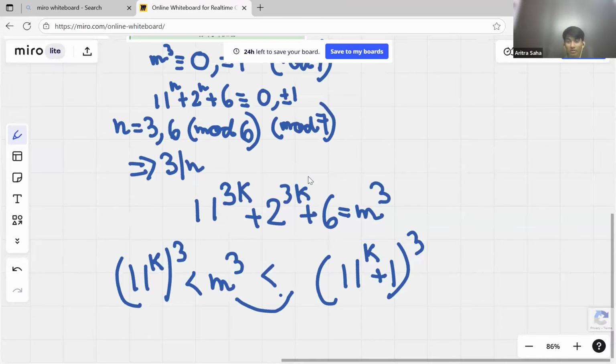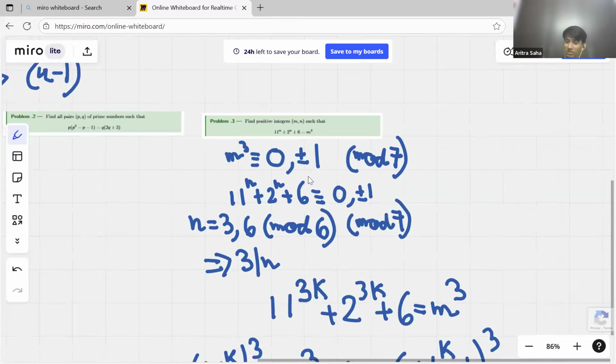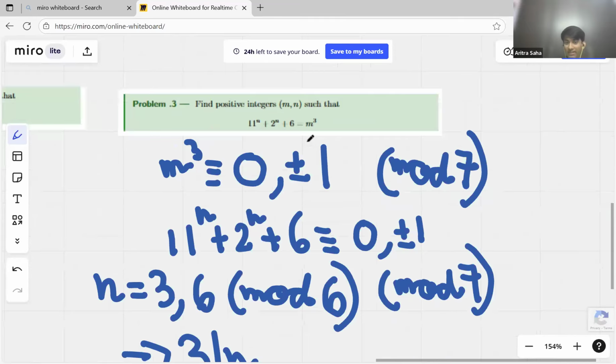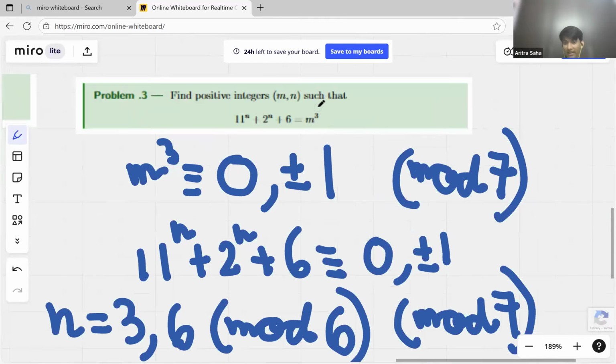So basically what we did was we used a modular argument to show that n is divisible by something, and that something is perfectly chosen to be 3, because the powers are the same, so we can use this size argument.